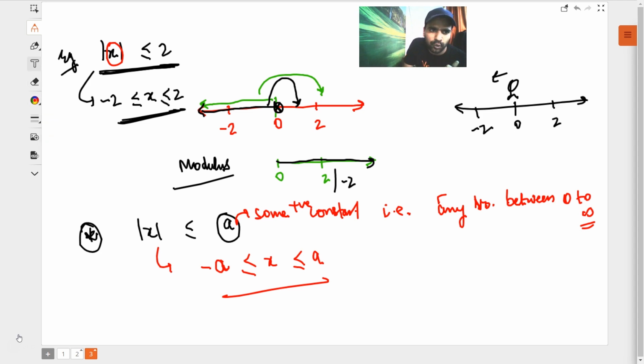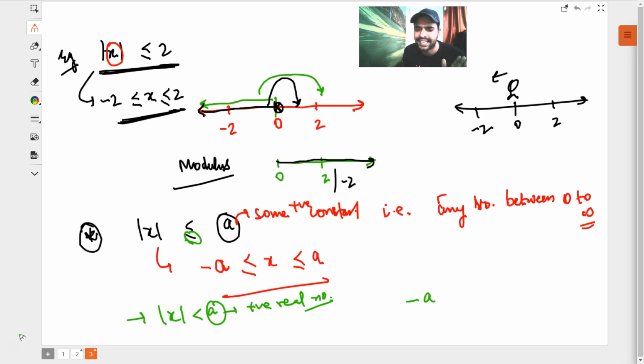If this equality symbol over here is not given, let's say it is given to me like this: mod of x is less than a, where a is some positive real number, then also do not worry about that. Just write, can we write this expression as this or not?